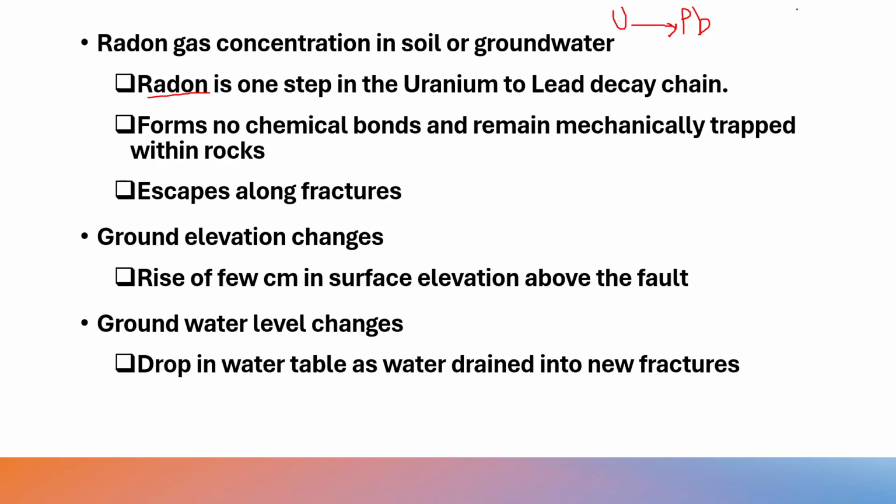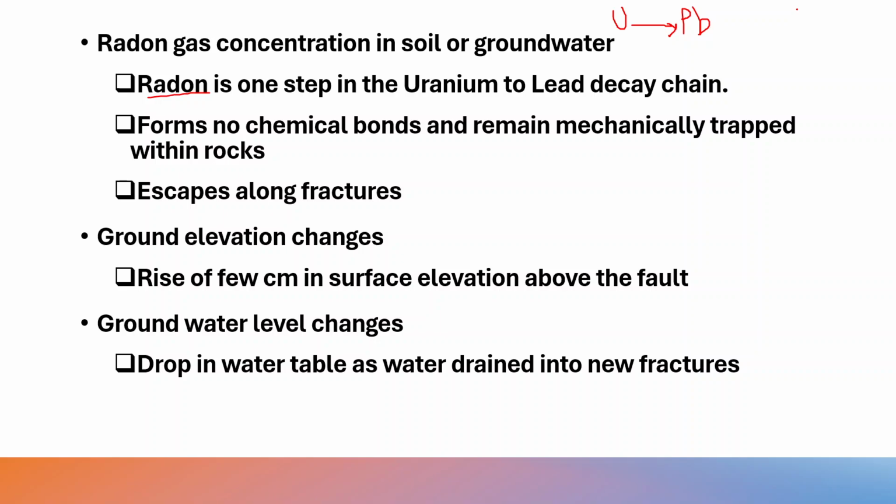Mainly this uranium we are talking about is found in the rocks, and all this decaying is happening within the rocks. When radon is formed, it cannot attach to any other elements. No complexes, no chemical bonds are formed, and they will get trapped within the rocks, and escape along the fractures, these weak zones. They are not bound anywhere.